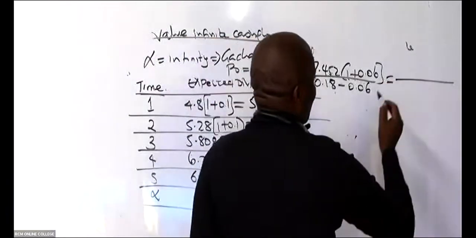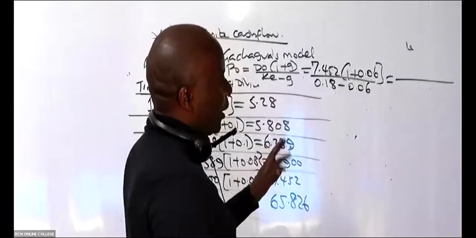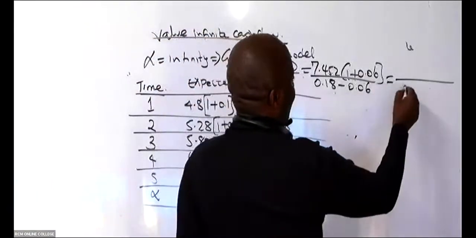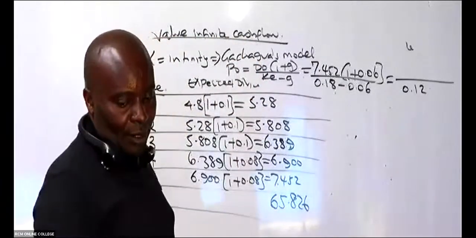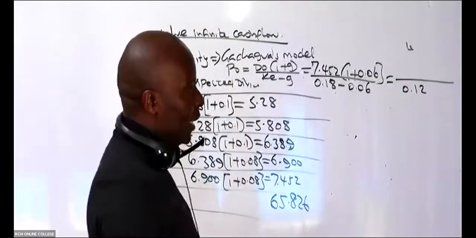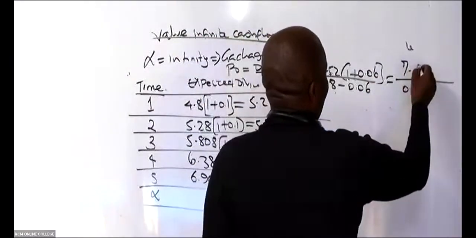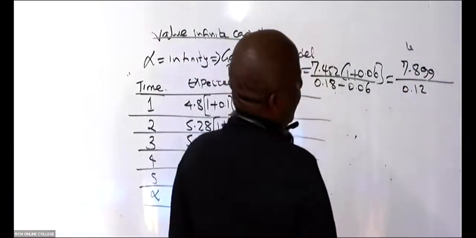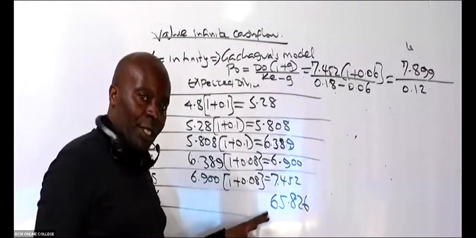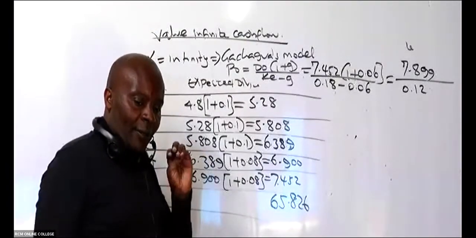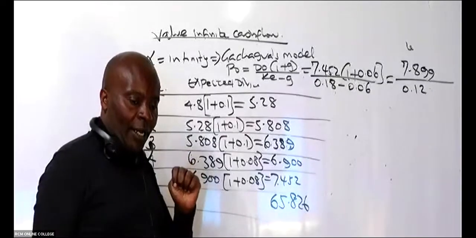I know the denominator. It will be 0.12. How about the numerator? 7.899, something like that. So when you divide, you'll get something quite close to this.